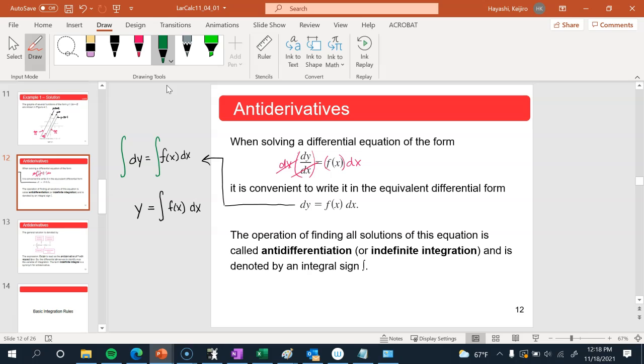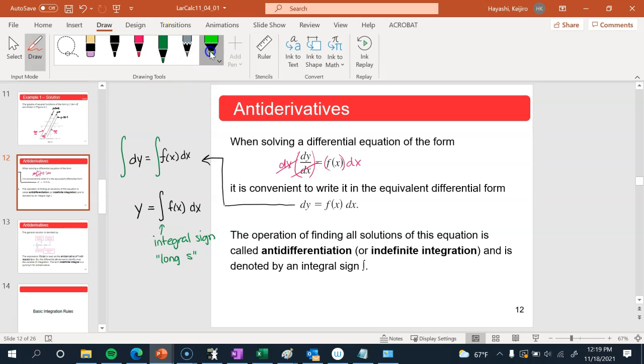And this right here is known as an integral sign. Technically, it's literally called a long S. I'm sure you can imagine why.